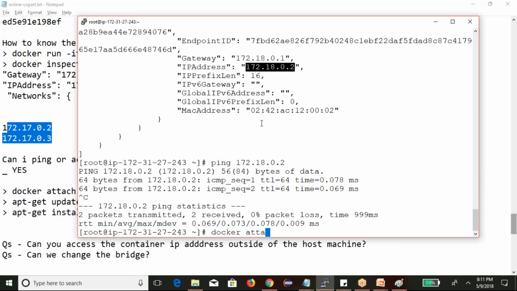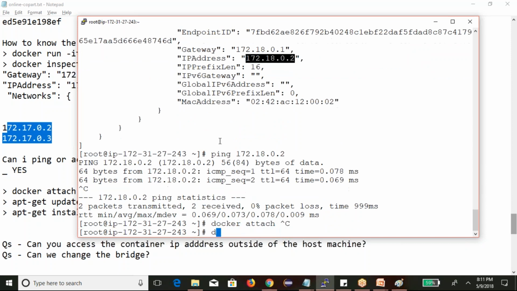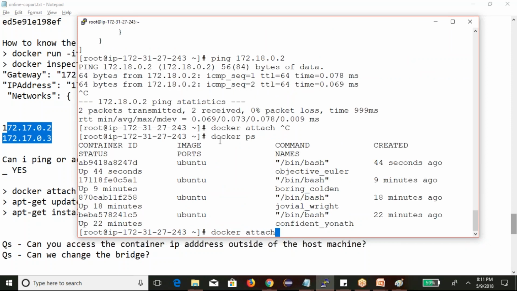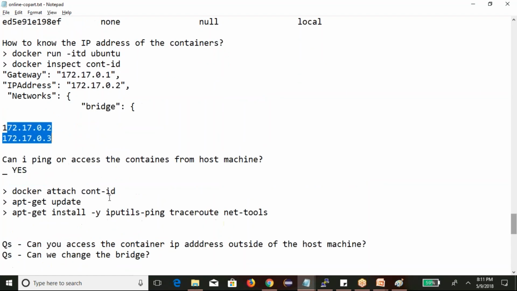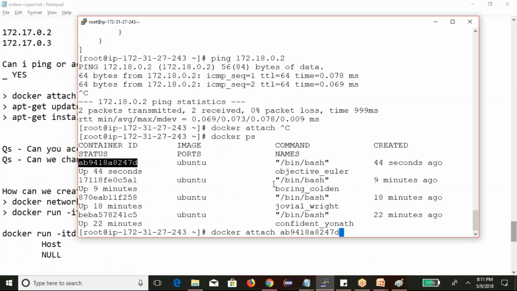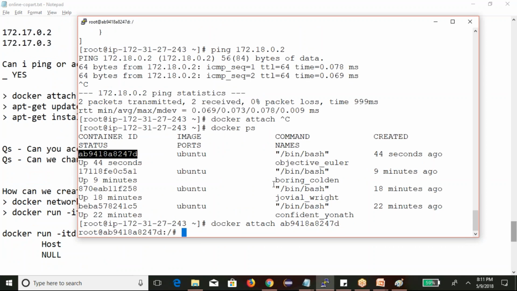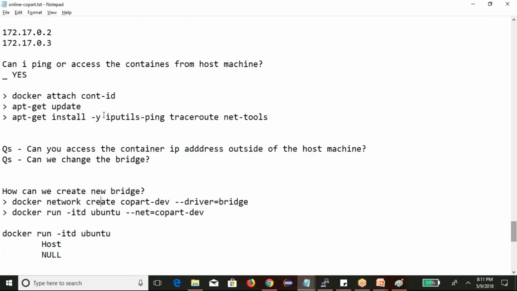But when I get inside that container, with docker ps, remember I'm getting inside the container which is created with the network called copart. So I'm inside this container. You can also run this command to verify.